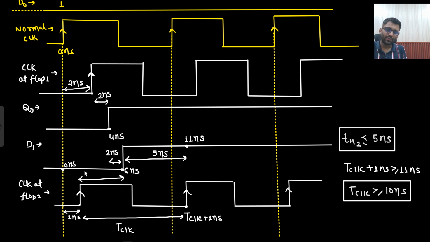Basically all the delays, forget about the setup margin, all the delays minus this thing. So this is your hold time, which is 6 minus 1, 5 nanosecond. All the delays minus 1 nanosecond, that is 5 nanosecond.